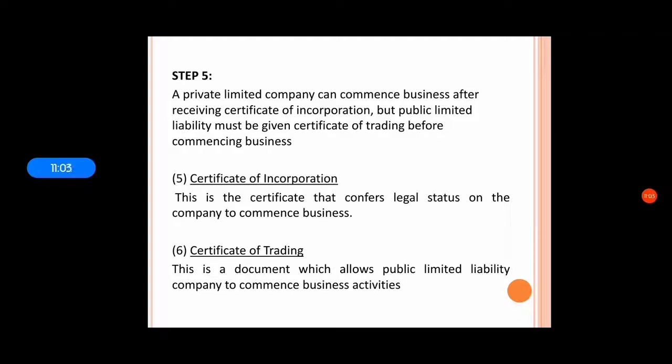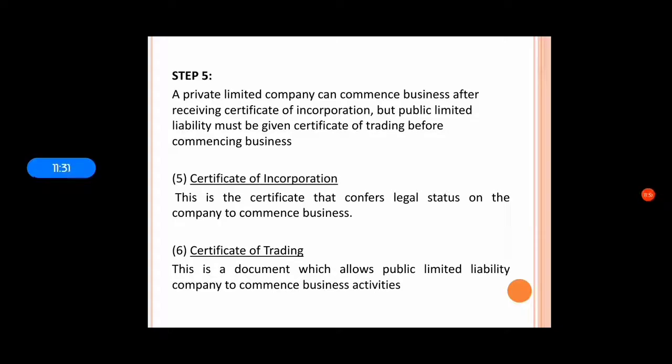But immediately the private limited liability company is given the certificate of incorporation, they can start running their business. But a public limited liability company must wait until they get a certificate of trading before they can start running their business.